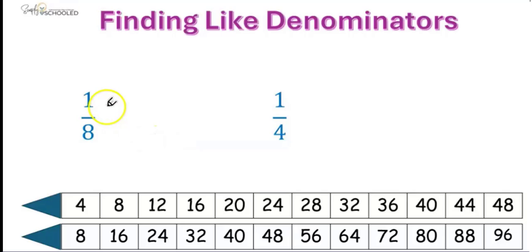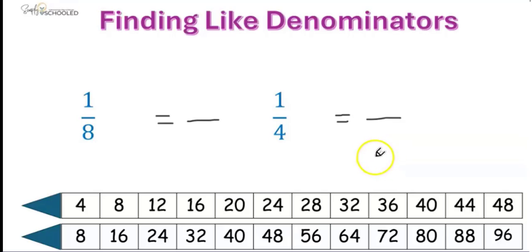So here's the first one. We have 1/8 and we have 1/4. So what we want to do is find an equivalent fraction for both of these fractions with a denominator that's the same. In order to do that, we are going to use multiples. In a previous video, we learned that we could find equivalent fractions by multiplying or dividing the numerator and denominator by the same number.